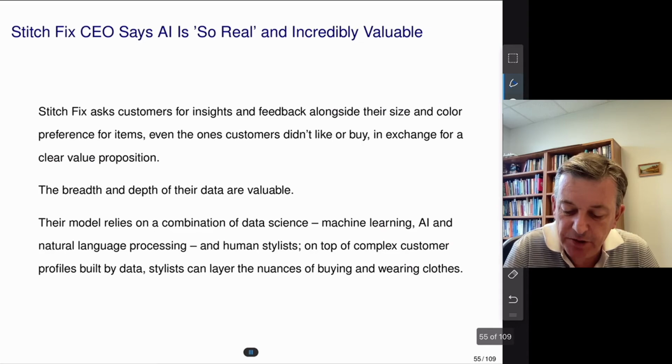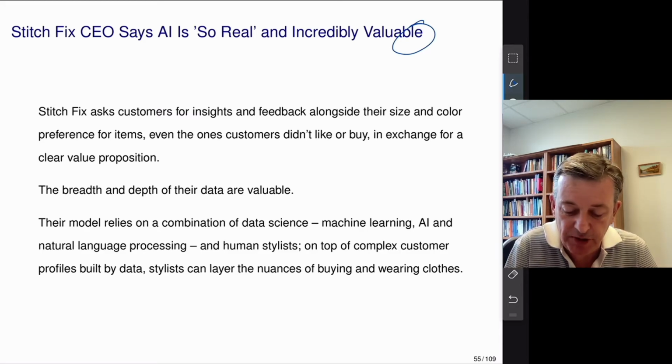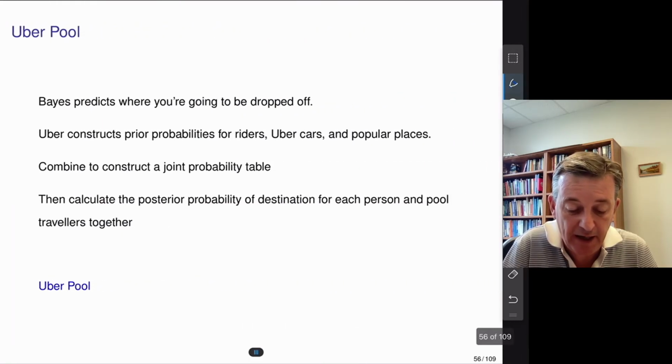Again, there's a link. There's a Bloomberg link to the Stitch Fix CEO, and she talks about how AI is fundamental to Stitch Fix's business. Given characteristics of people, they can predict with certain probabilities what people want to buy and also what recommendations they want to send people. So their business is very data analytic intensive.